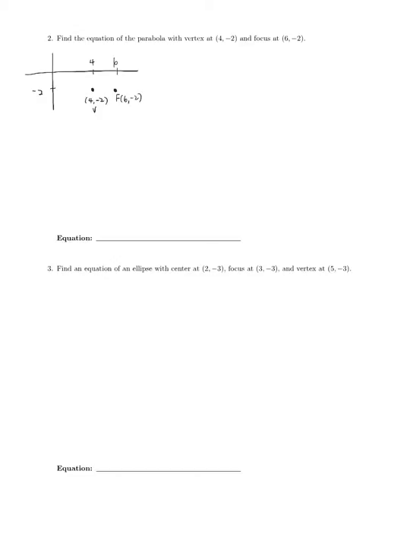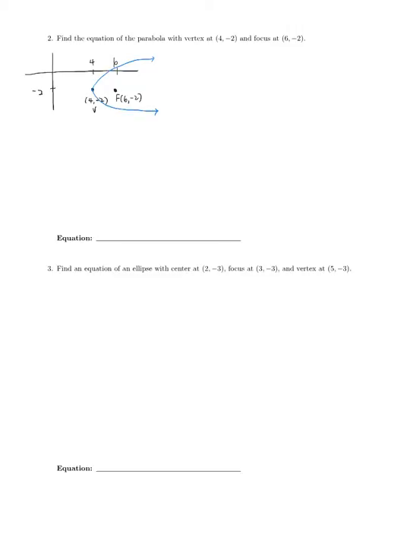Okay, so it looks like this parabola is going to open towards the right because the focus has to lie inside of the parabola. So it looks like the rough sketch of it. I mean, I didn't ask you to sketch this, but it helps me to understand what's going on. So let me just draw a rough graph like this.